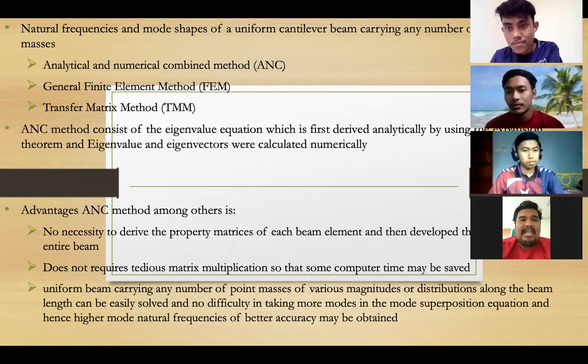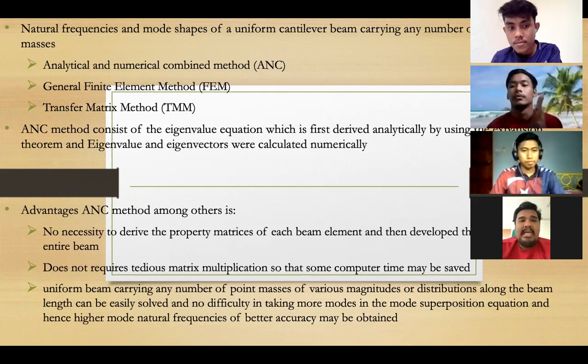The ANC method consists of the eigenvalue equation, which is first derived analytically by using the expansion theorem, and the eigenvalue and eigenvector are calculated numerically.